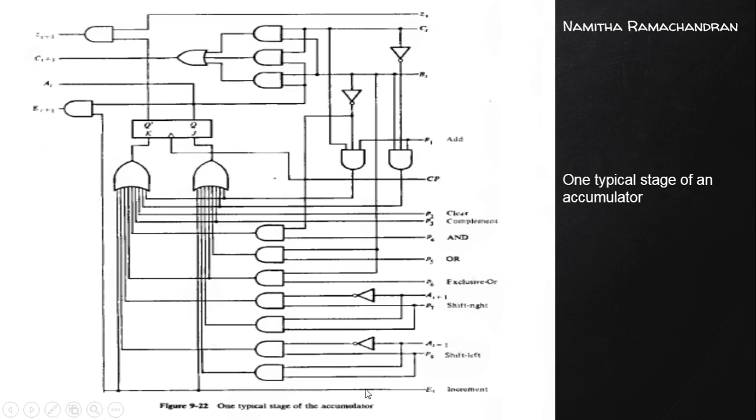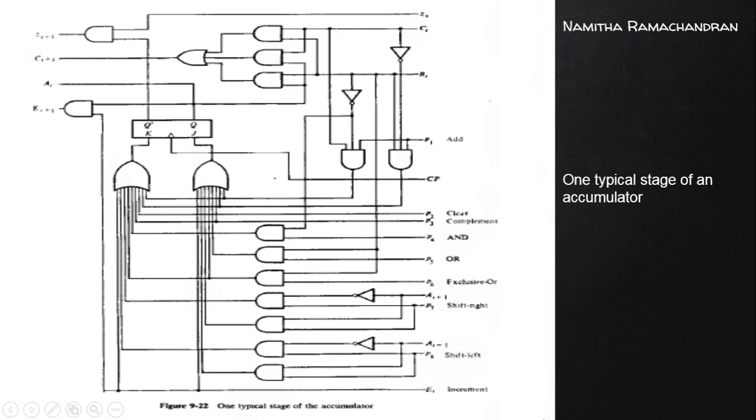Next is Ei itself. So all these terms are ORed together, and that OR gate output decides the J input of our current accumulator stage, and similarly for the K input also.